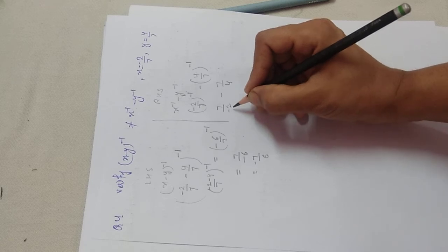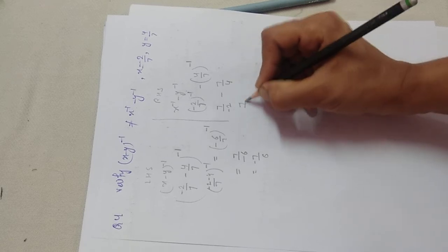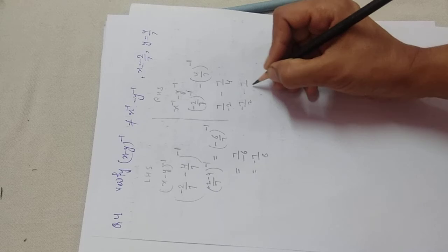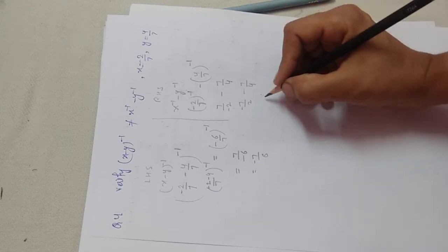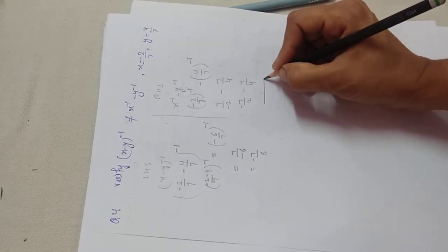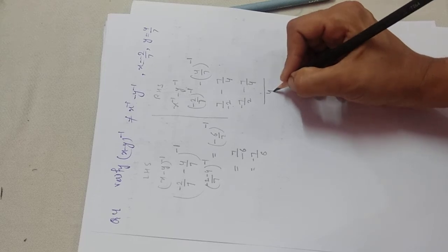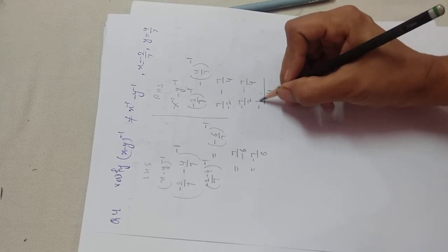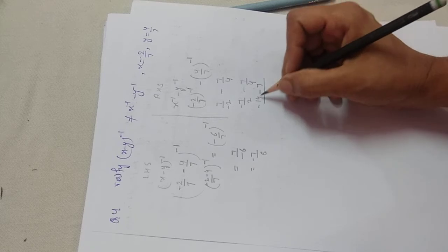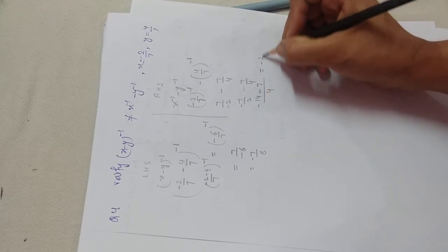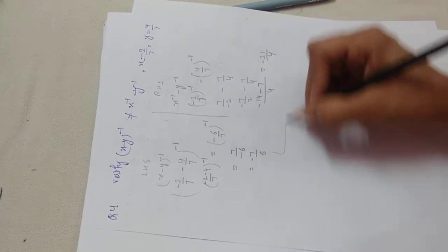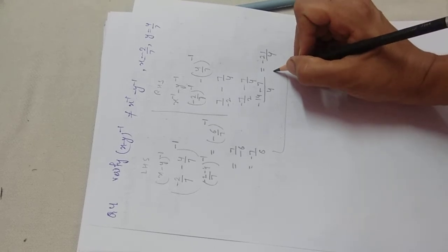Now convert into the denominator positive: minus 7 by 2 minus 7 by 4. Take the LCM, LCM is 4. Minus 14 minus 7 after solving it, minus 21 by 4. You can see that these are not equal to each other. Hence, this is verified.